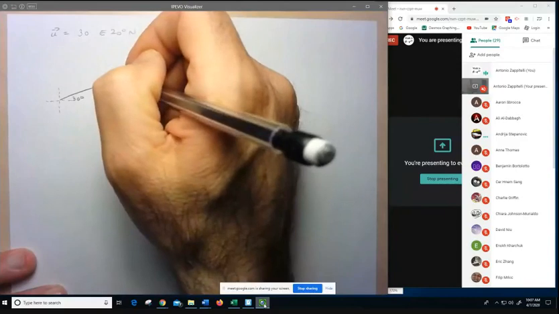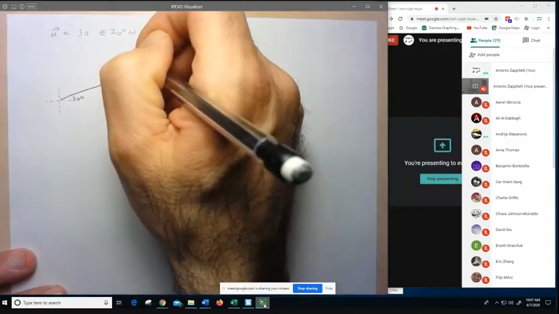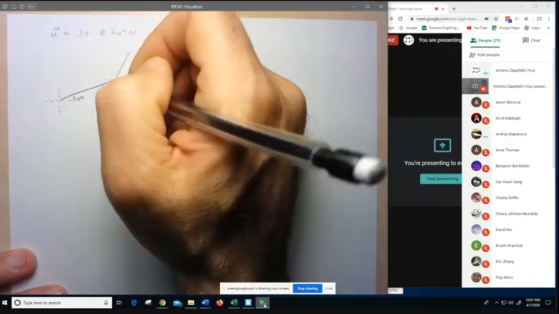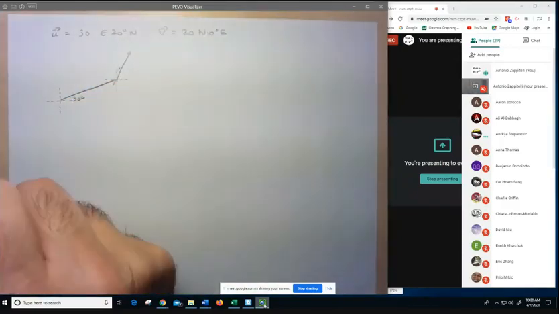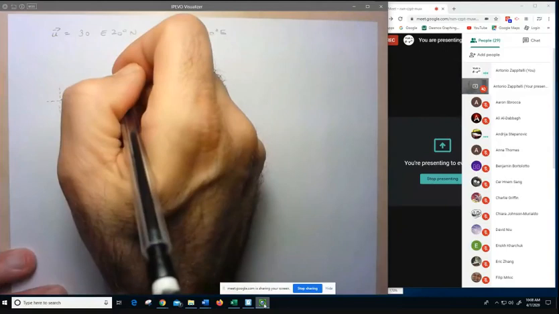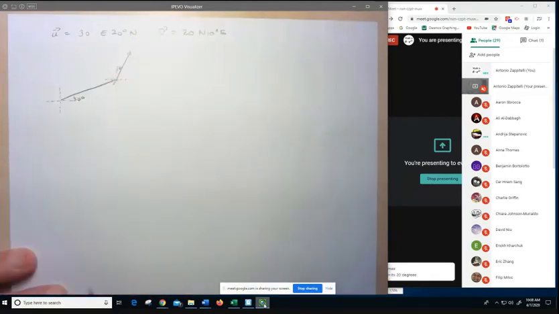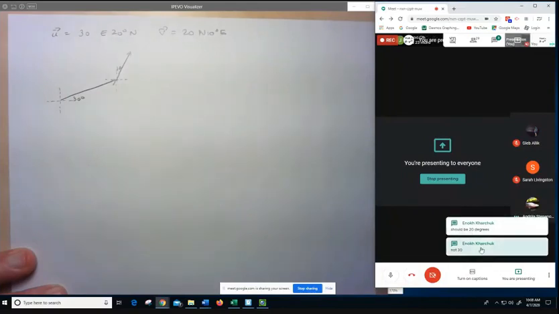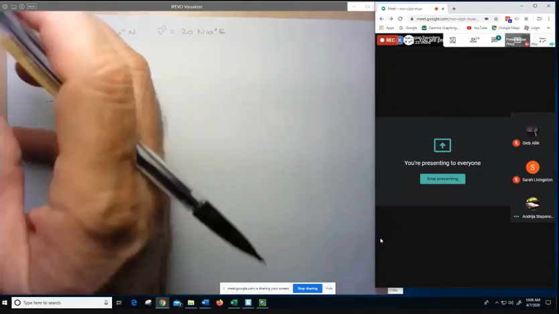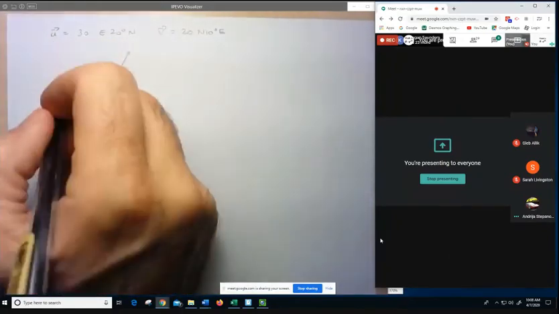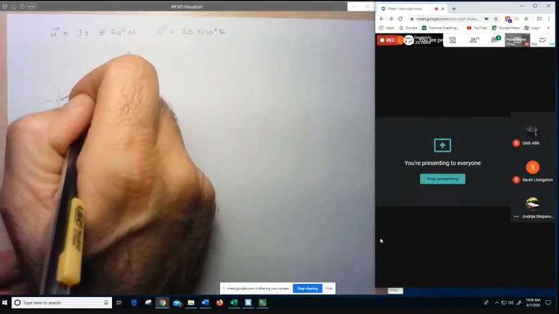So I'm going to have my second vector, again make it a little shorter since it's only 20, and this here is going to be equal to 10. Okay. Say that again? It should be 20 degrees. What did I write? 30. Oh, thank you very much. I guess I was looking at the magnitude there. So 20 degrees.